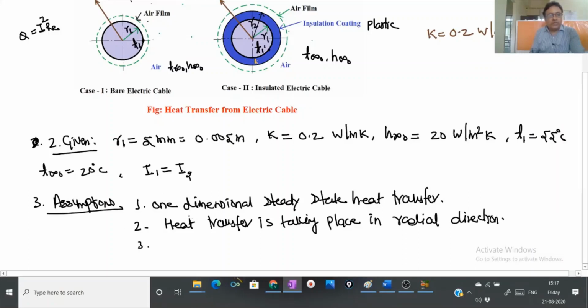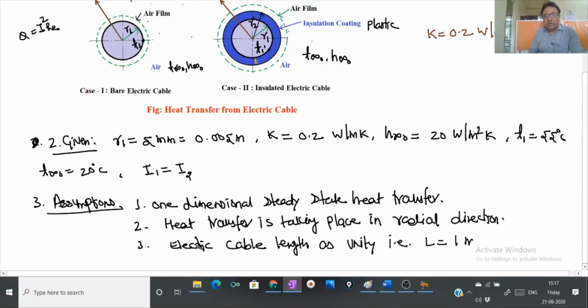Third assumption, the electrical cable can be of any length, right from 1 meter to 1000 kilometer, and that length is not specified here. So for our analysis, we will be considering electric cable length as unity. So whatever analysis we are doing, we are doing for 1 meter length of the electric cable.